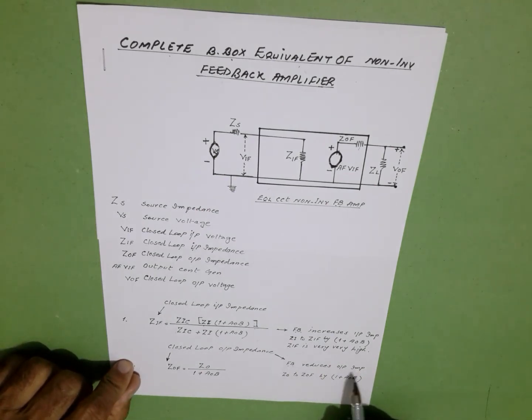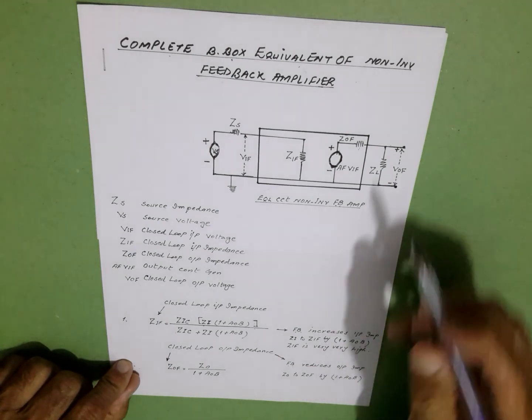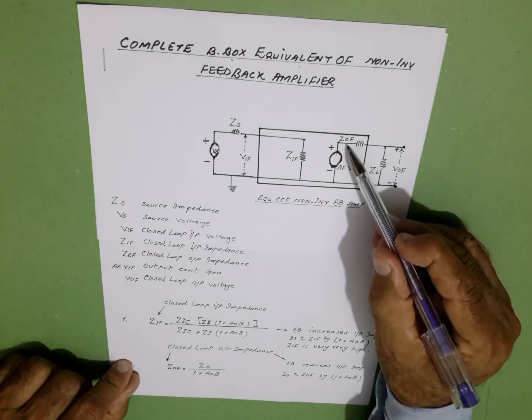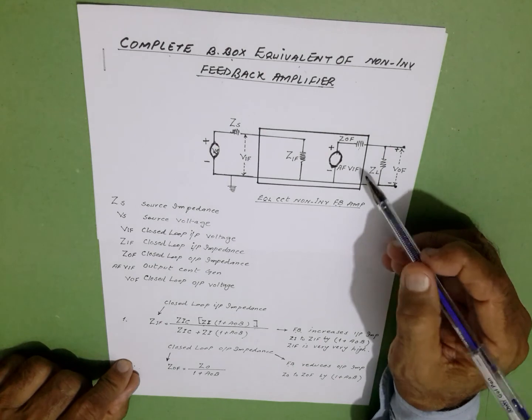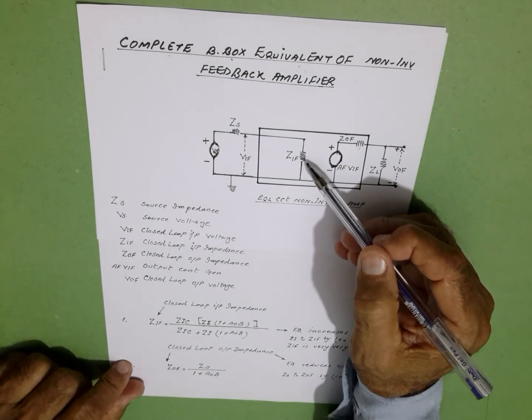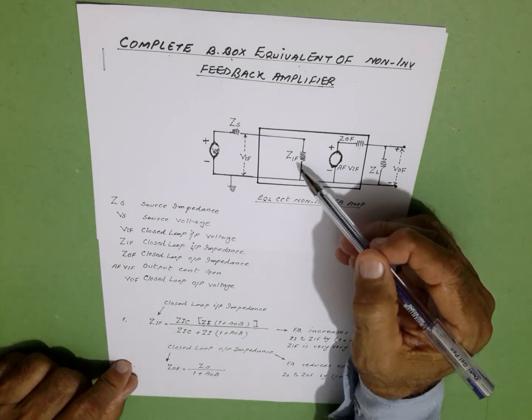Feedback reduces output impedance ZO to ZOF by 1 plus A naught beta. This is nothing but the feedback loop gain, and this reduces ZO. It was previously ZO, now it is reduced to ZOF by 1 plus A naught beta. This was ZI, and it is now increased to ZIF by 1 plus A naught beta.